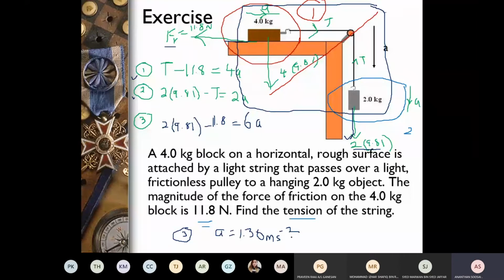Now what do you do? Sub this value into which equation? Either 1 or 2. So let's say we go for the 1. Find the tension. Tension is for A. A is 1.3 plus 11.8.